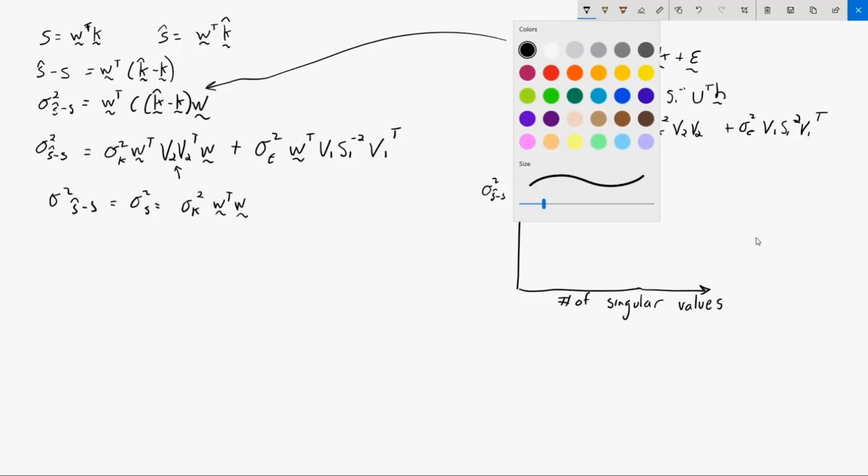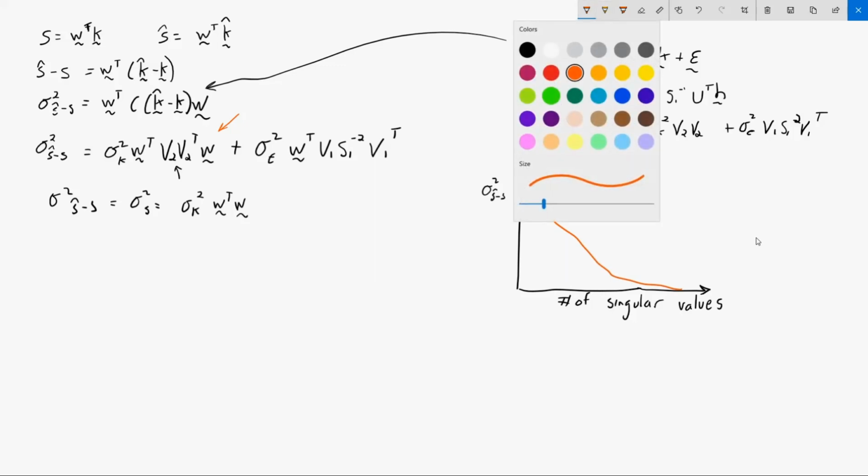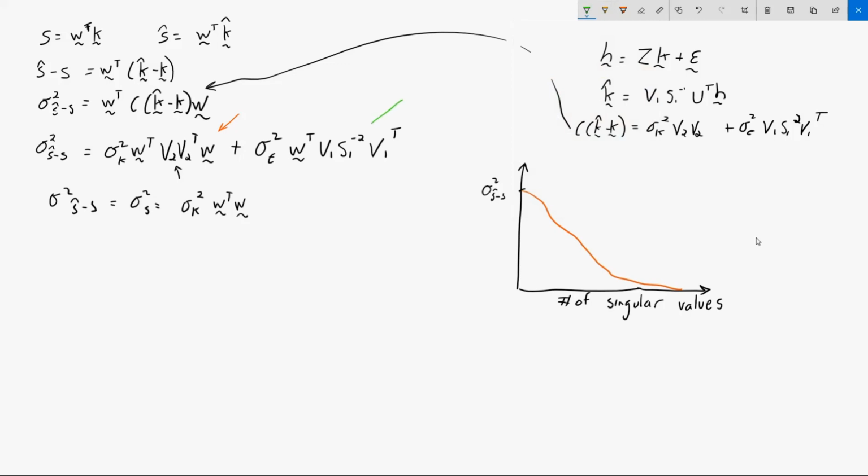Now, as I include more and more singular values in the history matching process, the dimensionality of the solution space goes up, the dimensionality of the null space goes down, and this term falls monotonically. At the same time, this term rises monotonically, and at some point it rises very rapidly because of that negative 2 next to the singular values.